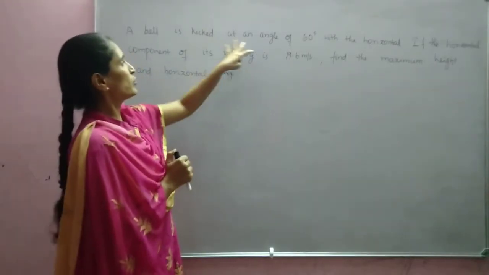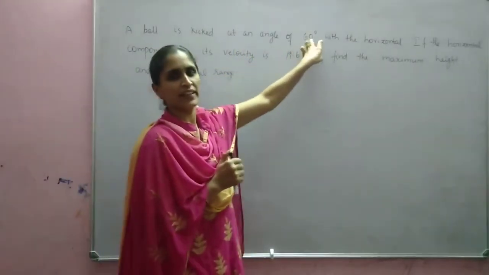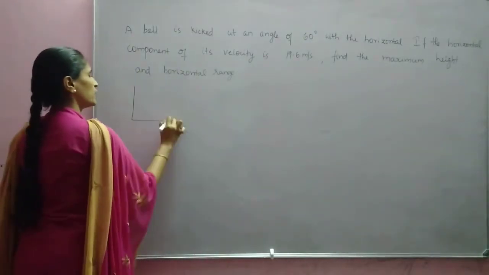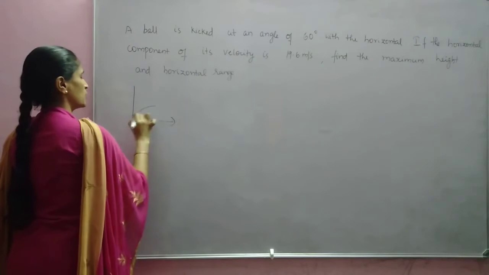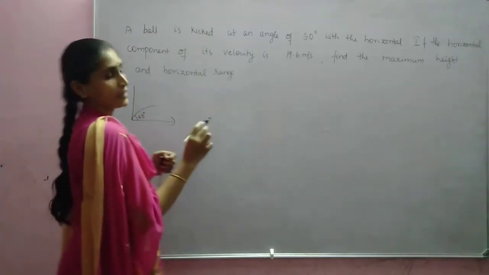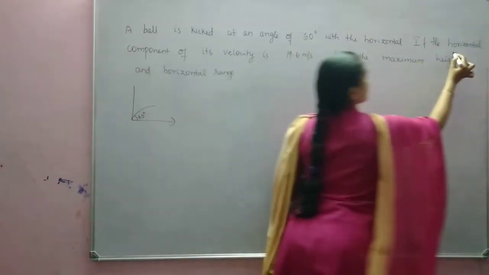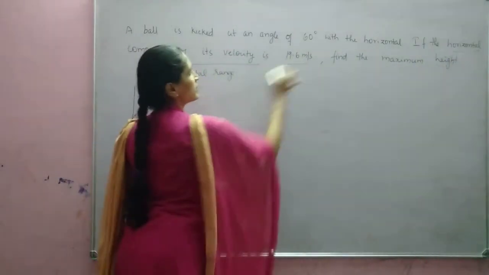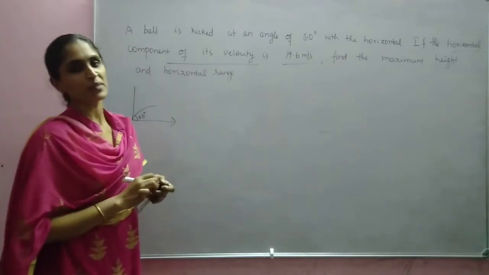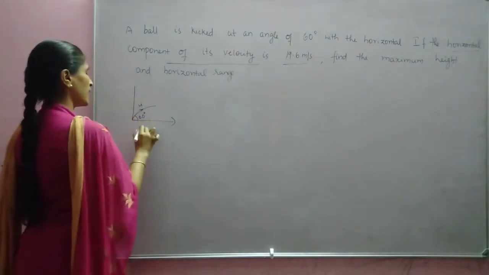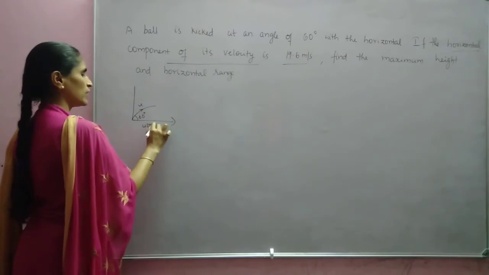Here it is given that a ball is kicked at an angle of 60 degree. So here the angle is given, it is the angle made with the horizontal only. This angle is 60 degree already given. And the horizontal component of velocity is 19.6 meter per second. So what is meant by horizontal component? If you are writing it as u, we can write u cos theta will be the horizontal component.